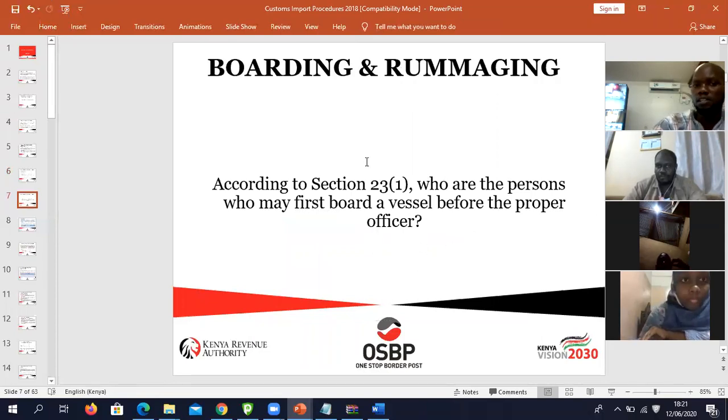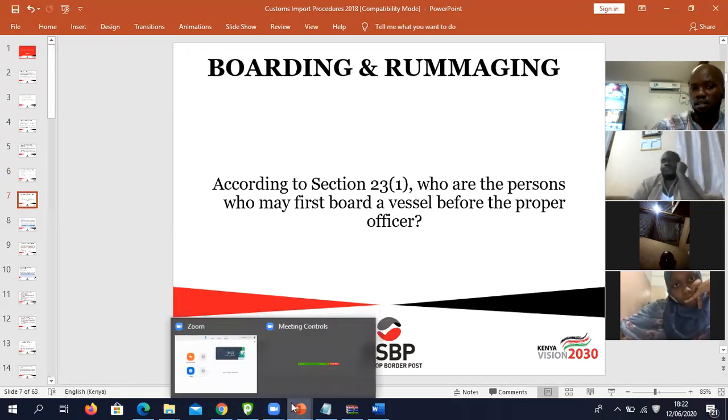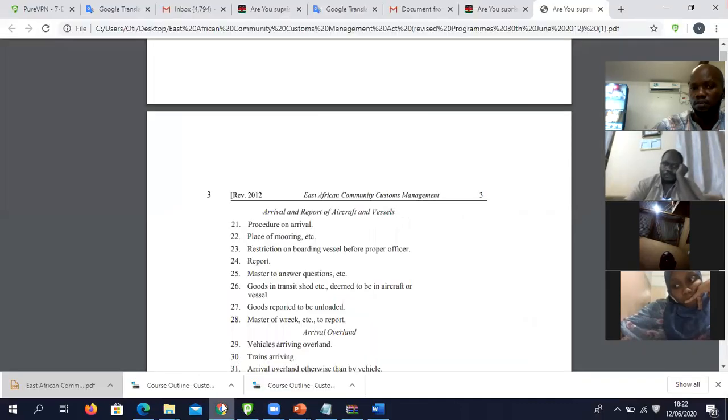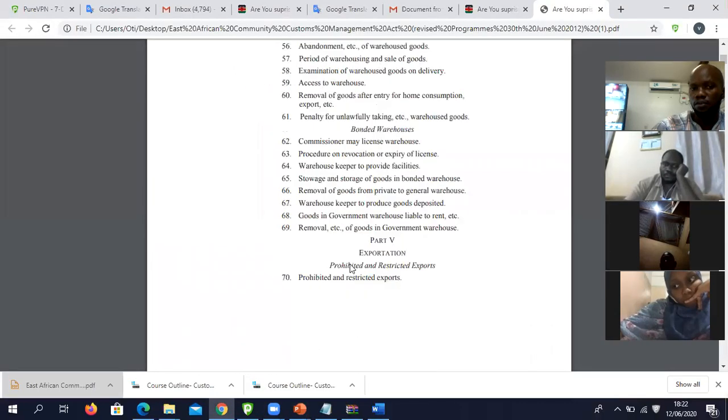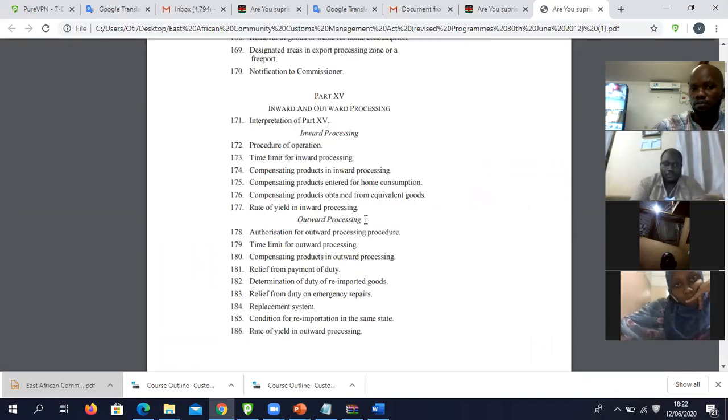So boarding and rummaging is provided for according to section 23, subsection 1. Who are the persons who may first board a vessel before the proper officer? Let me try and show you what section 23, subsection 1 has. Let's just scroll down.